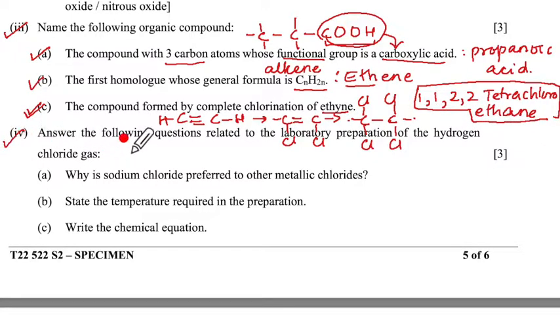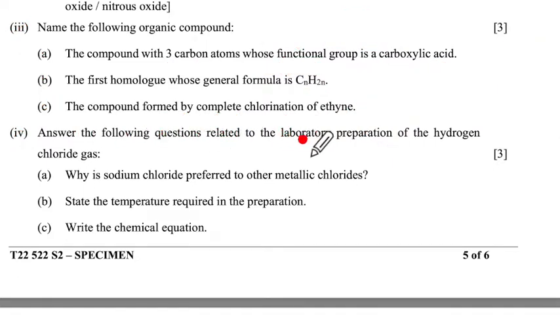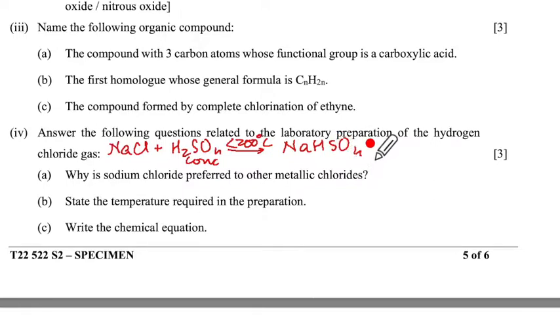Let us come to the fourth subpart. Answer the following questions related to the laboratory preparation of hydrogen chloride gas. Sodium chloride is preferred to other metallic chlorides. Why? Now we know our reaction. It is NaCl plus conc. H2SO4 with a temperature less than 200 degrees C gives NaHSO4 plus HCl. Why is sodium chloride preferred?